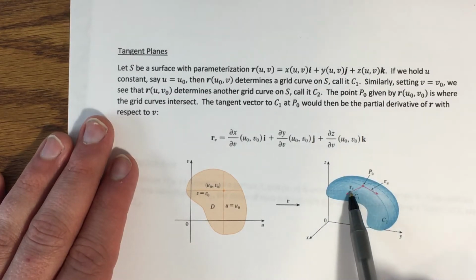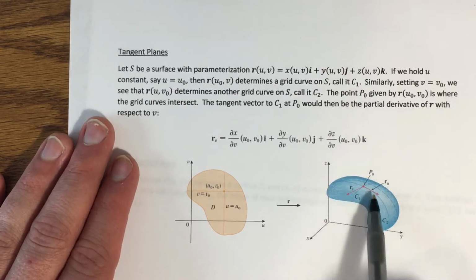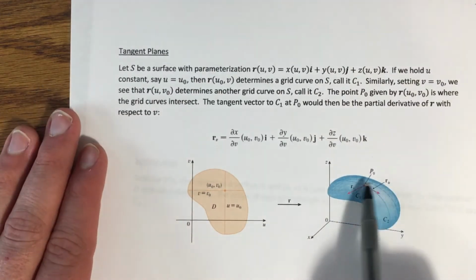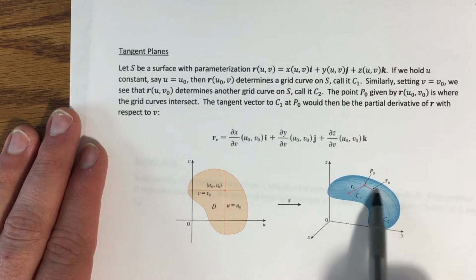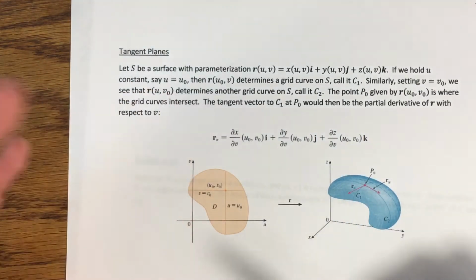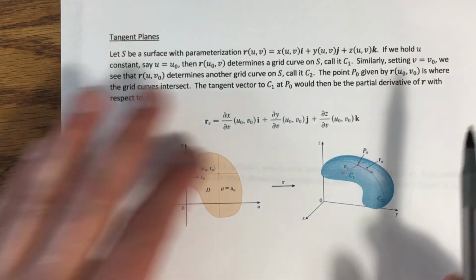If I want the tangent plane to this surface at that point, I could see that the tangent plane would contain these two tangent vectors. So really what it boils down to is finding the equation of a plane containing two non-parallel vectors.